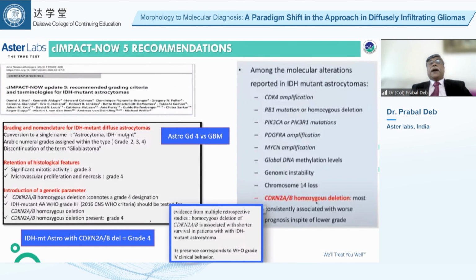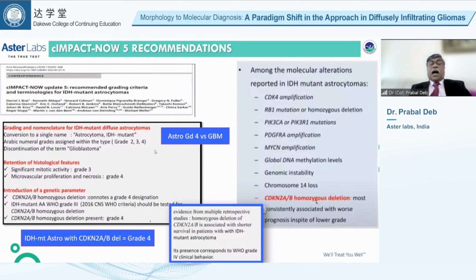Now comes the cIMPACT-NOW 5 recommendation. It is the one which recommended grading and nomenclature for IDH mutant diffuse astrocytomas. Conversion to a single name, astrocytoma IDH mutant. Next, Arabic numeral grades 2, 3, 4 were assigned instead of the Roman ones, and discontinuation of the term glioblastoma.